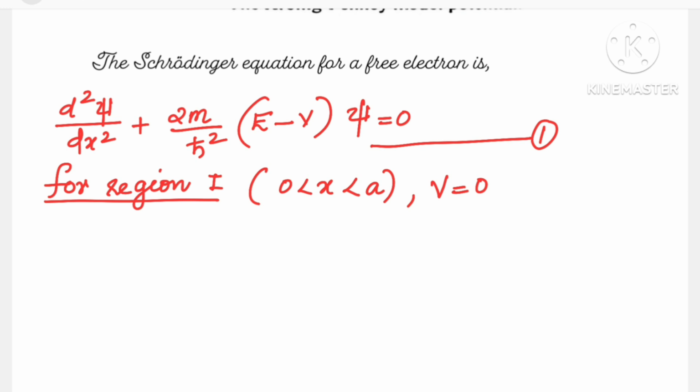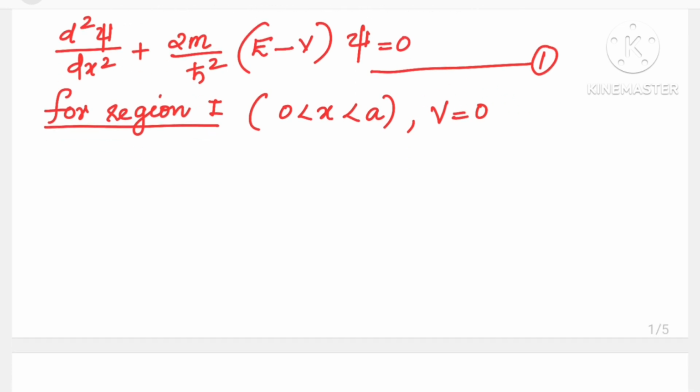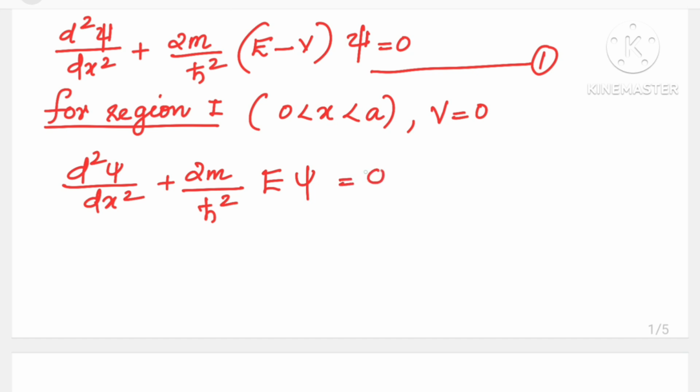When putting V equal to 0 in equation 1, it becomes d square psi by dx square plus 2m by h cut square into E psi is equal to 0. This is equation number 2. For simplicity, we can put 2mE by h cut square is equal to alpha square.